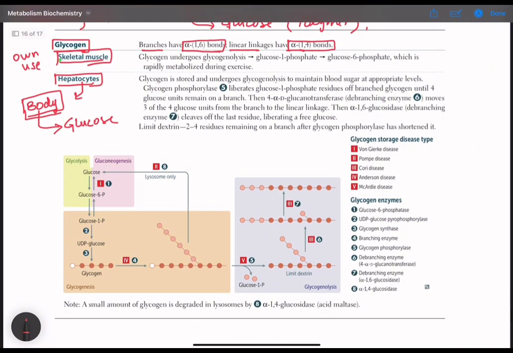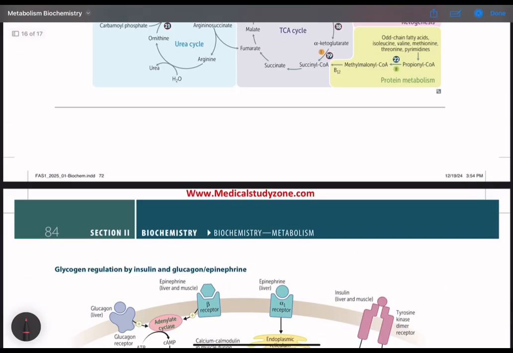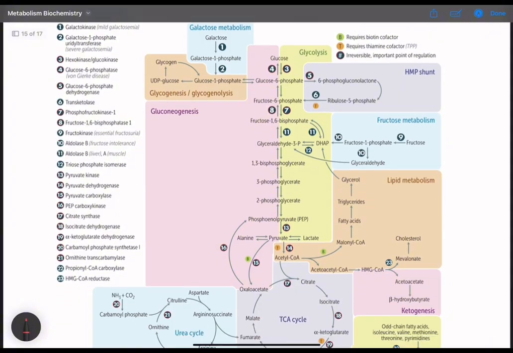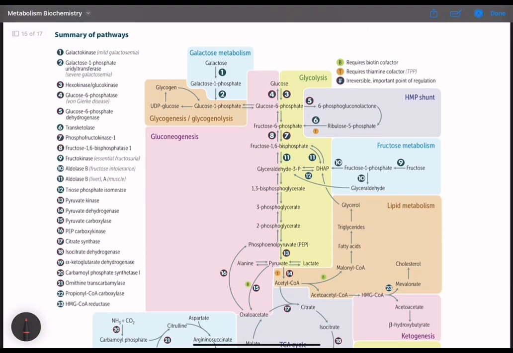Now let's come toward glycogenesis and glycogenolysis. Over here, this is the flow chart of metabolism, and we have glucose. First, hexokinase or glucokinase, depending on the organ, converts glucose into glucose 6-phosphate.